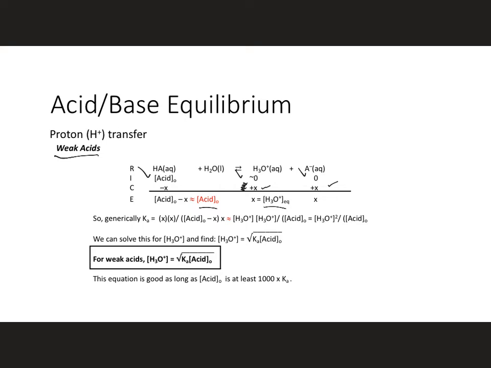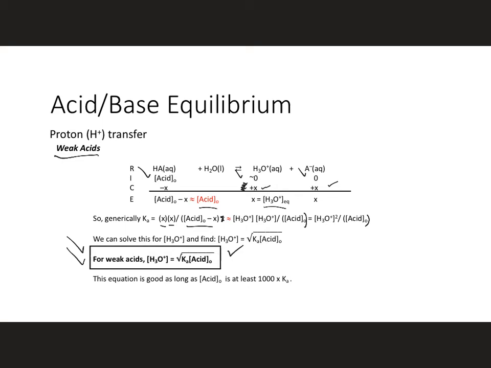So generically, this becomes X times X divided by acid minus X, which is approximately equal to hydronium times hydronium over acid, or very simply, hydronium squared divided by acid. We solve this for hydronium, and we get this result, that the hydronium concentration is equal to the square root of the Ka times the initial acid concentration.